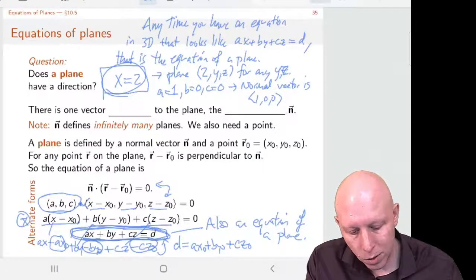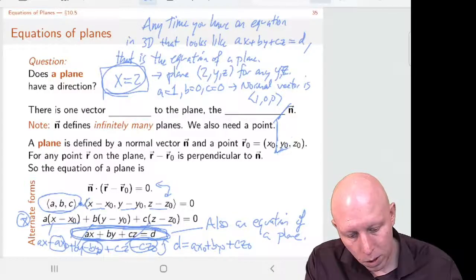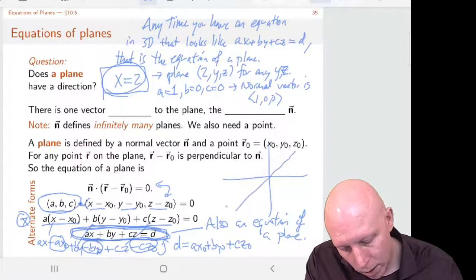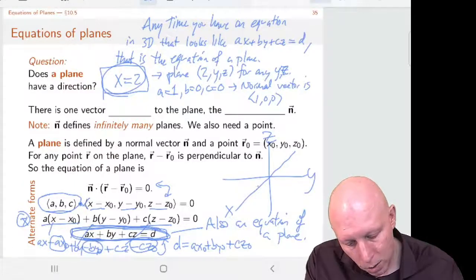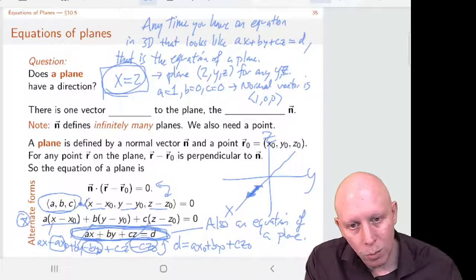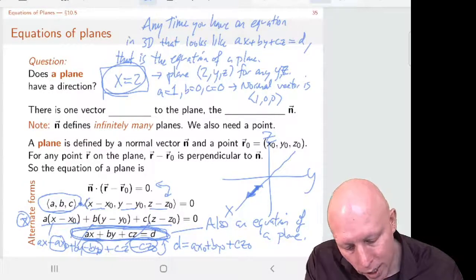So 1, 0, 0, if we would draw in a picture, if we have our x, y, z, then x equals 2 has as its normal vector just a vector that's in the direction of the positive x-axis.